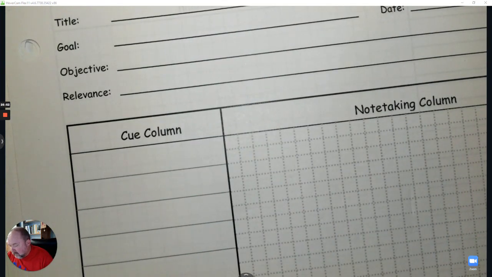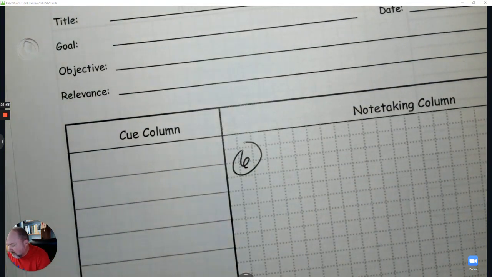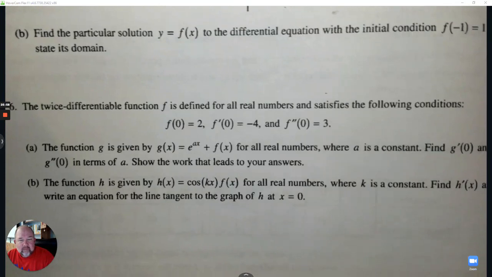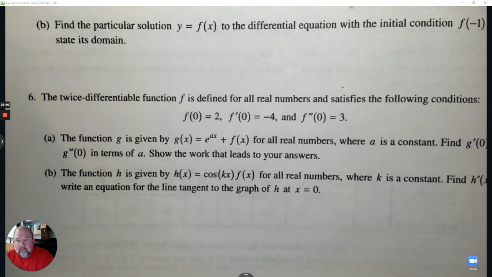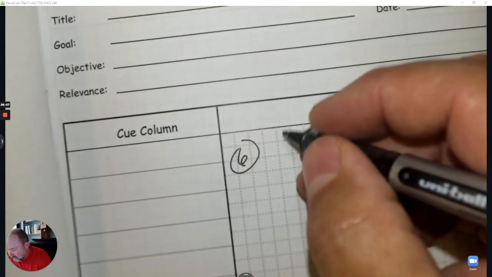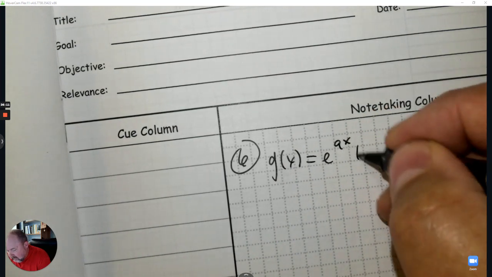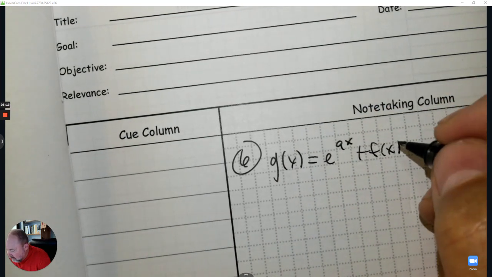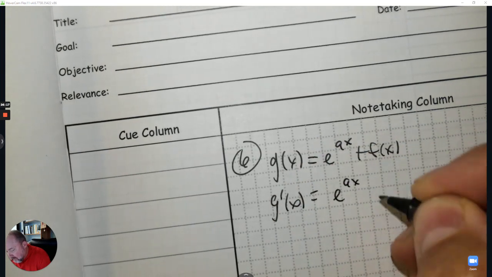All right, part number 6, last one. I might say not to do it. What the hey. g of x is e to the ax plus f of x. Find the derivative. So the derivative of this is you copy and the hook.